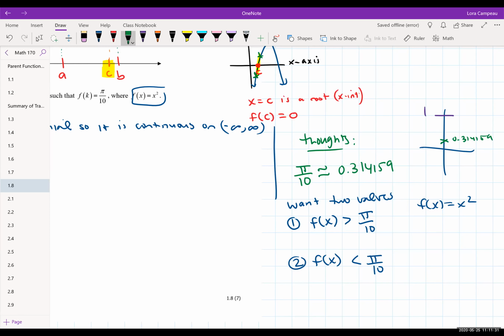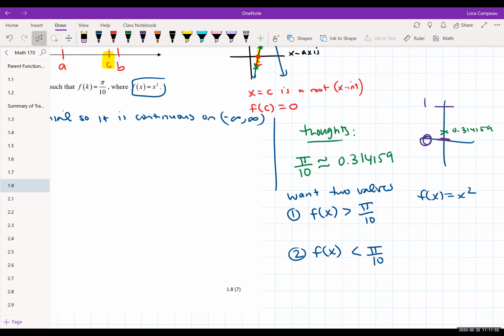So let's be nice to ourselves. We already know that that's a number between 0 and 1. So why don't we choose those as our y values and x values? Let's look at choosing maybe y equals 0, y equals 1. Sometimes that's a little nicer with our particular functions here.